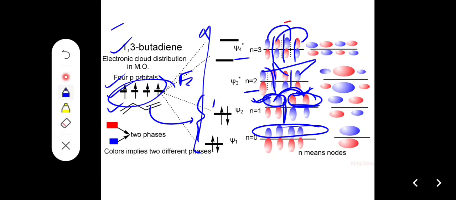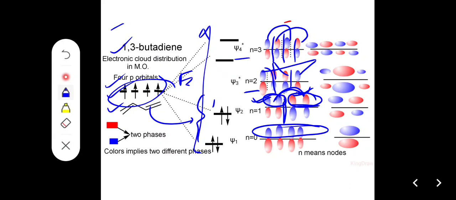When nodes are nil, no nodes are present, so all of the same phases are in one direction and the other phase is in the other direction. When we get 1 node only, we divide into 2 halves, one half having one type of phase, the other half having a different type of phase.